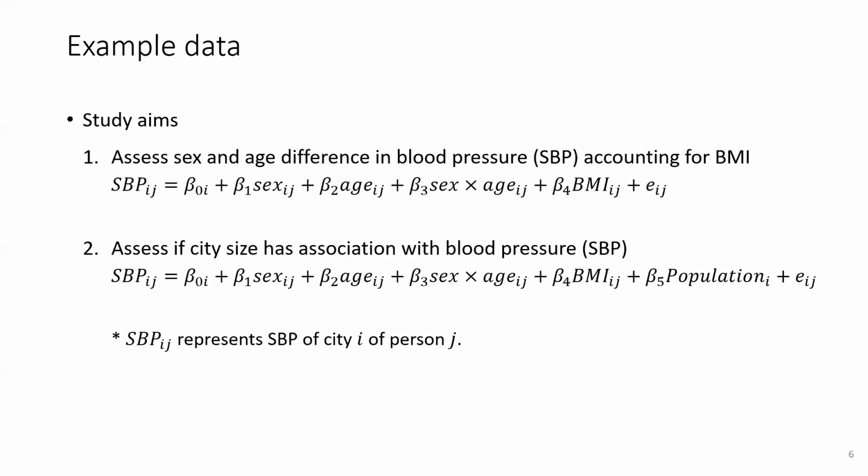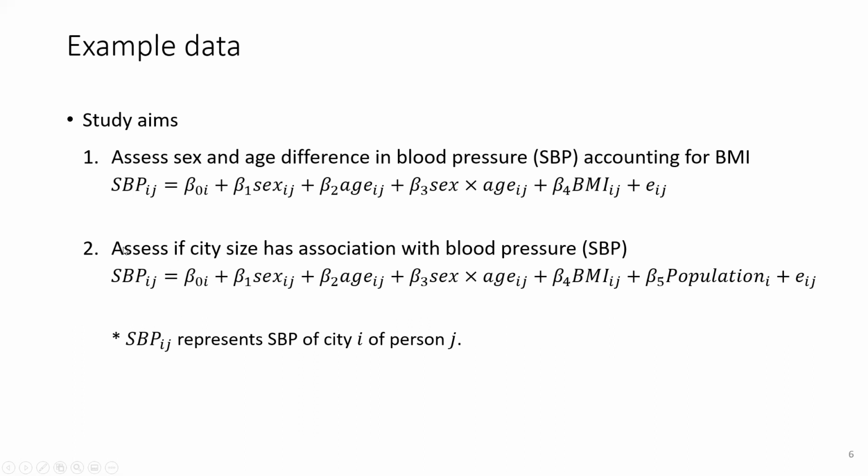And for study aims, we try to answer these 2 study aims in the following. One, we want to assess sex and age difference in blood pressure, which is measured by systolic blood pressure, accounting for BMI, which is given by this equation. And we are interested in the coefficients for sex, age, and their interactions after adjusting for BMI in this equation.